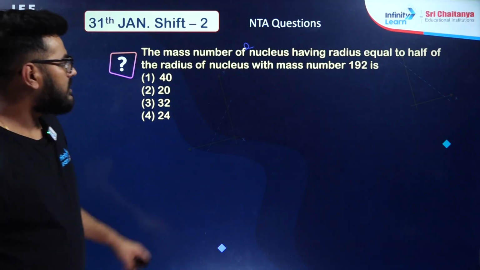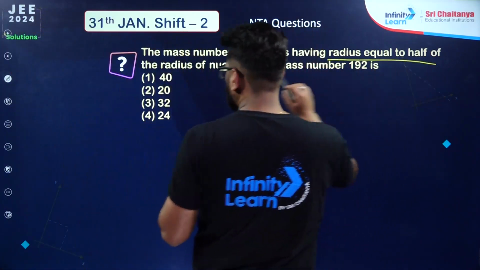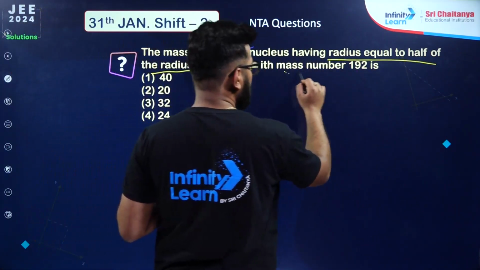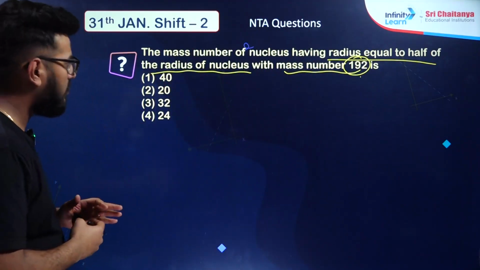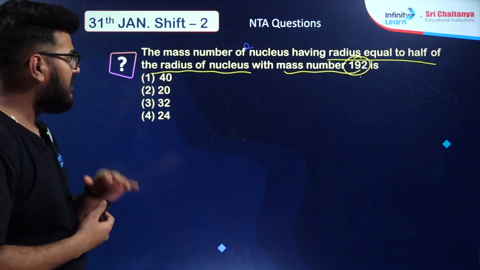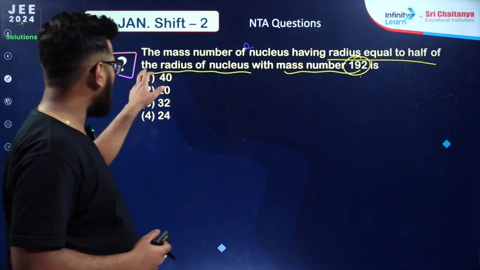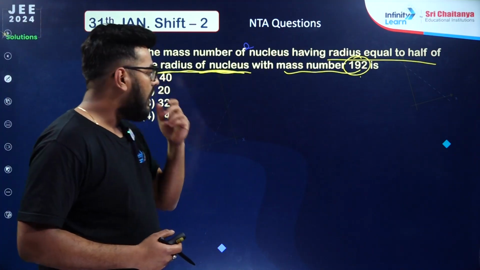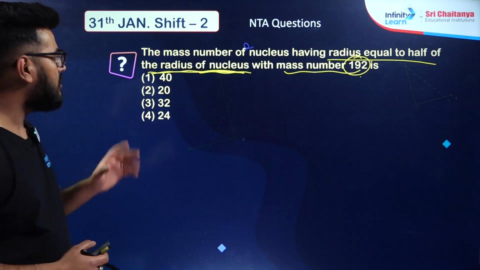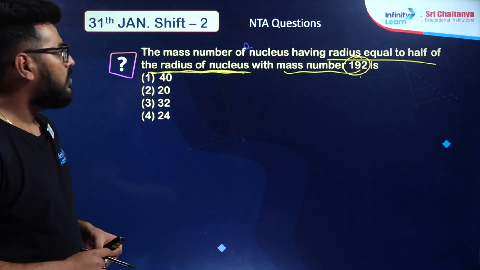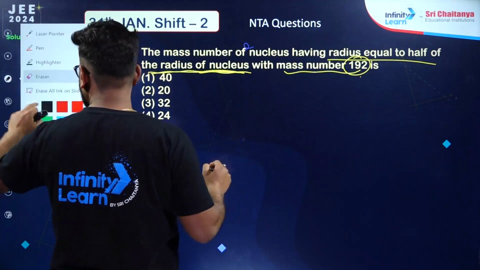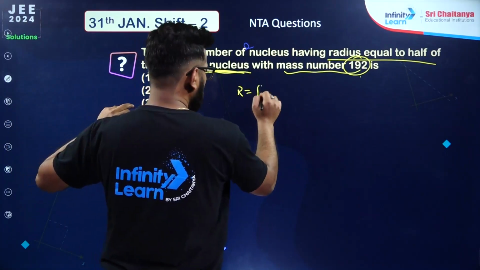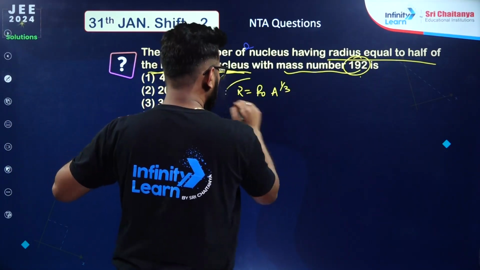The mass number of a nucleus having radius equal to half of the radius of the nucleus with mass number 192 is. So what is going to be the mass number of a nucleus having radius equal to half of the radius of the nucleus with mass number 192? You know that the radius of a particular nucleus is R = R0 A raised to the power 1 by 3, right?